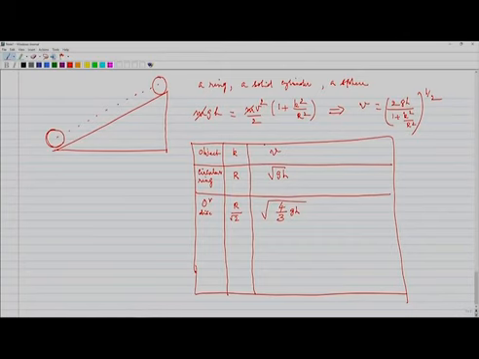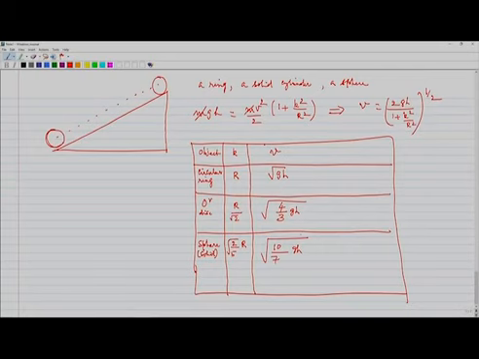It has a higher value than this. Next we have a solid sphere. The radius of gyration is the square root of 2 by 5 times r. Then it will be 10 by 7 gh.